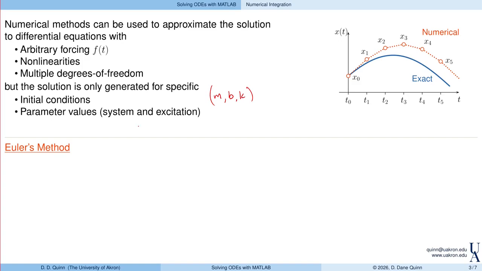And in addition, right, the solution is only generated, right, and it's an approximate solution at discrete points in time. Right, so we'll kind of list these as t sub i.